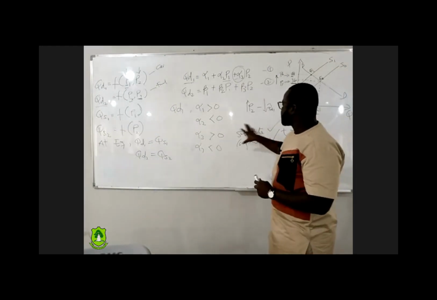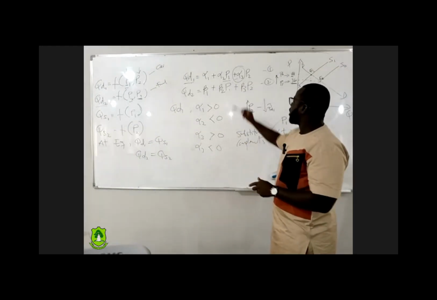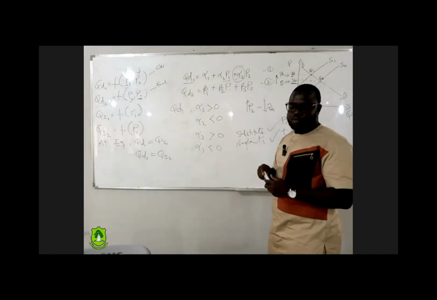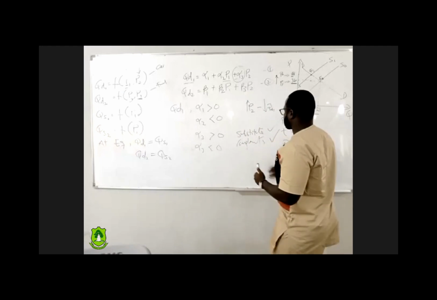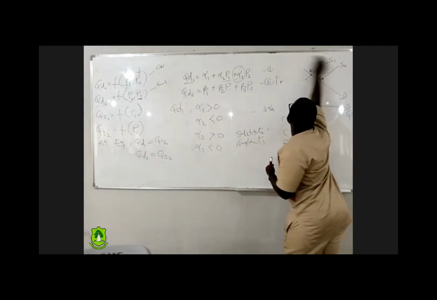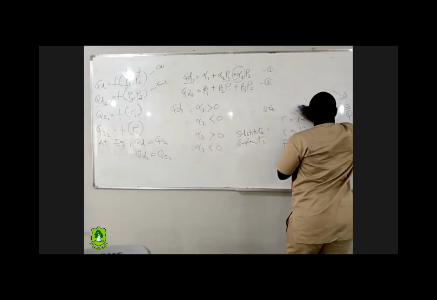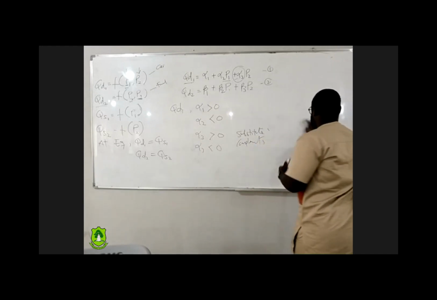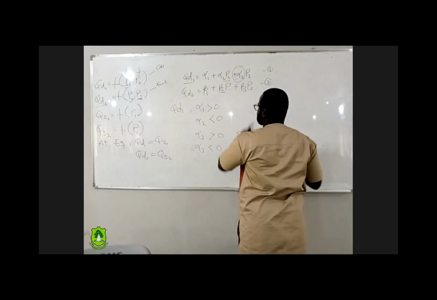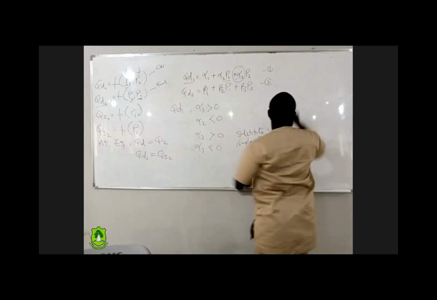Okay. So the same thing applies to QD2. If I cancel this, and we look at Q2, where is it? This one.